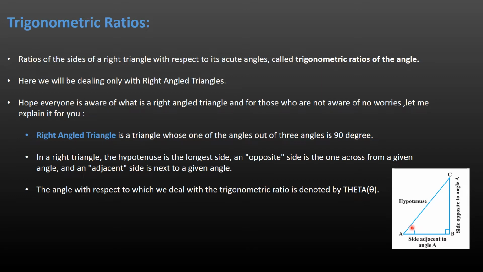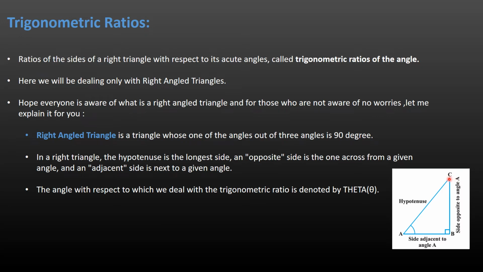And if you are considering angle A, the side adjacent to angle A is side AB, and the side which is opposite to angle A is called the opposite side. Similarly, if you are considering angle C as a reference, AB becomes the side opposite to angle C, and BC becomes the side adjacent to angle C.